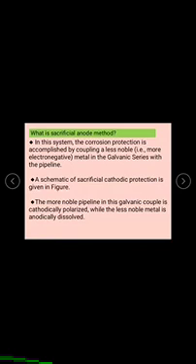The schematic of sacrificial cathodic protection is given in the figure. The more noble pipeline in this galvanic couple is cathodically polarized, while the less noble metal is anodically dissolved. Here the steel pipe is connected with copper wire to a magnesium anode.